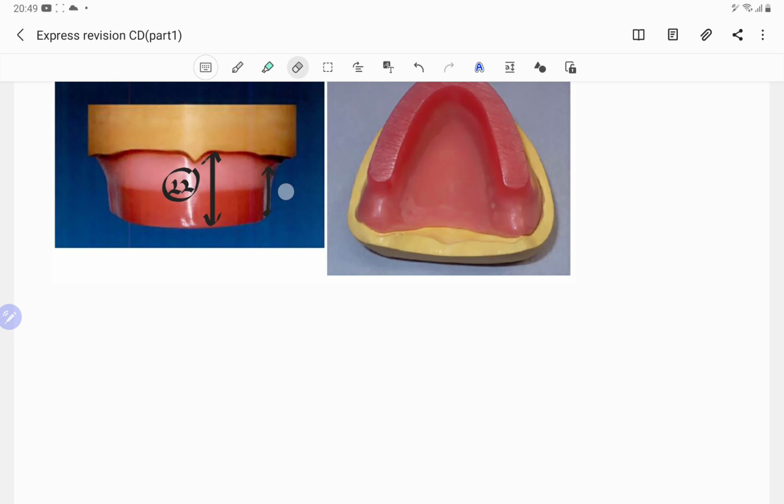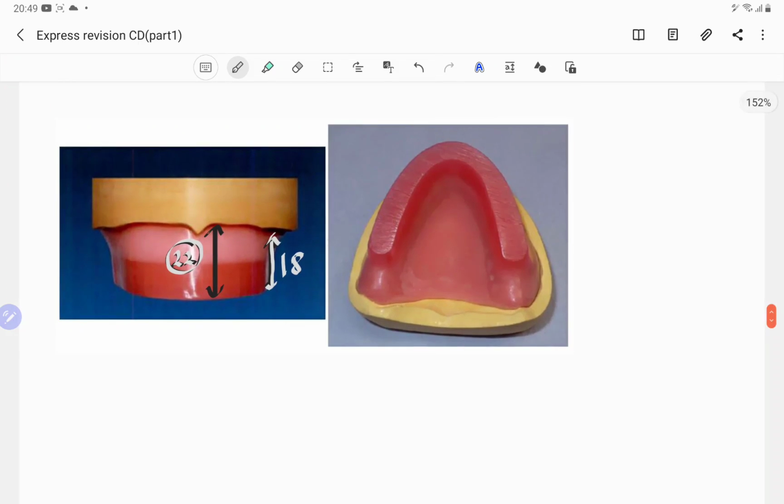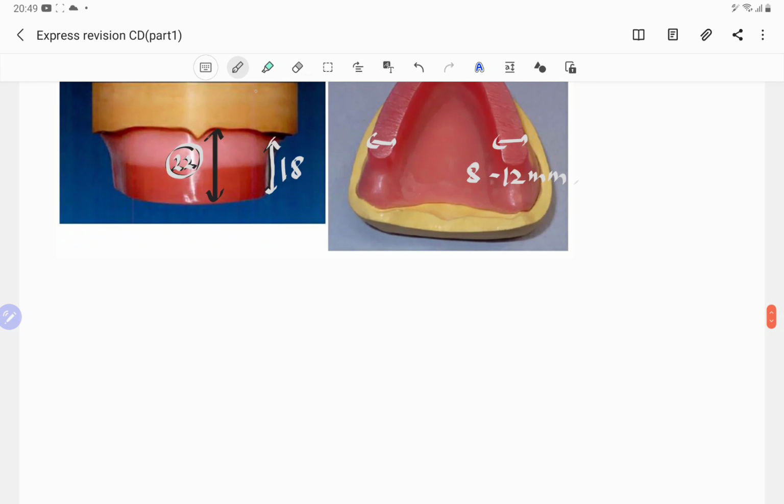So the posterior height is 18 millimeters. The anterior height is 22 millimeters. Now talking about the width, anteriorly it is 4 to 6 millimeters. Posteriorly it is a bit wider, which is 8 to 12 millimeters, right?